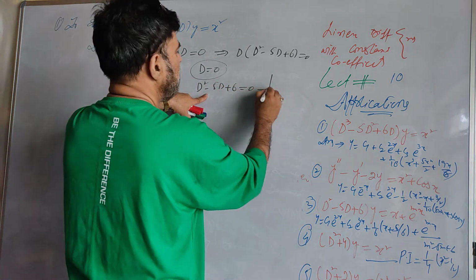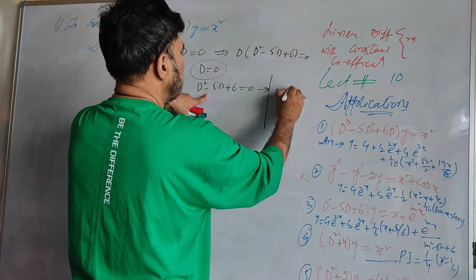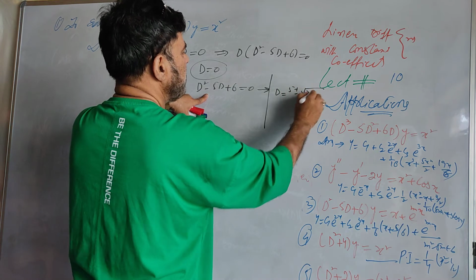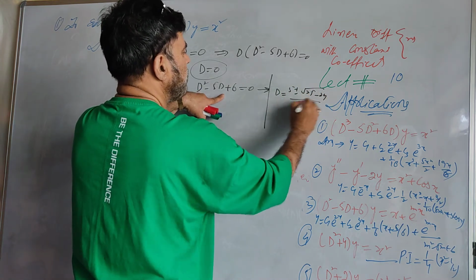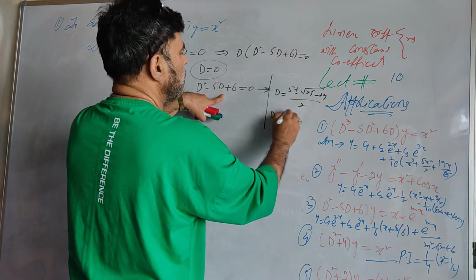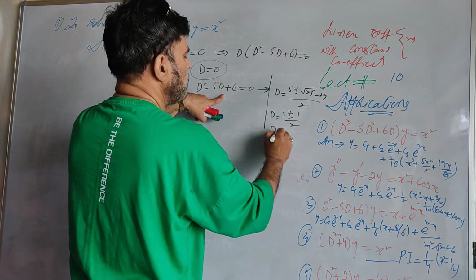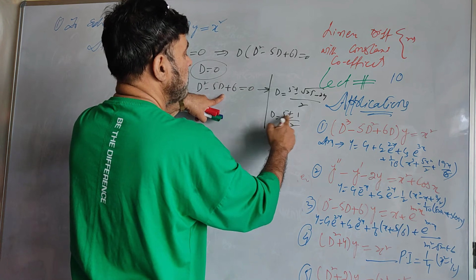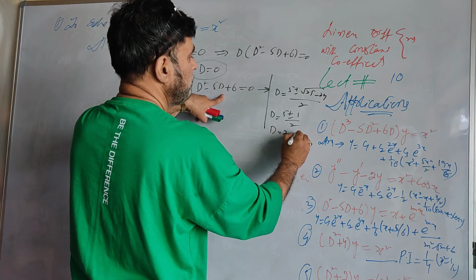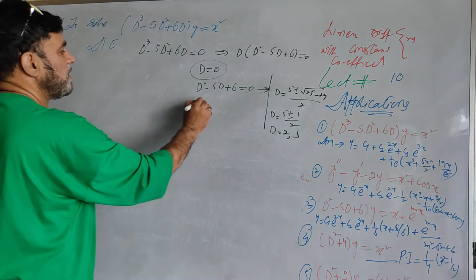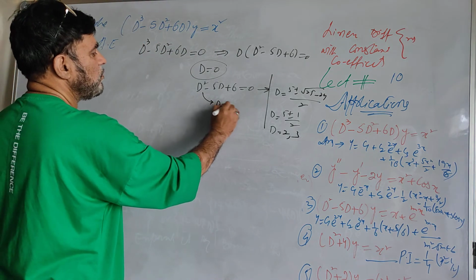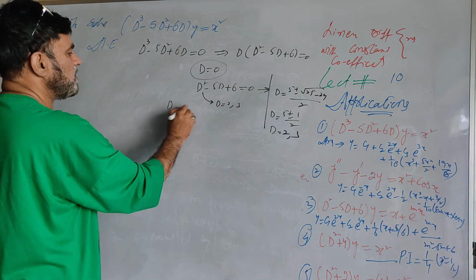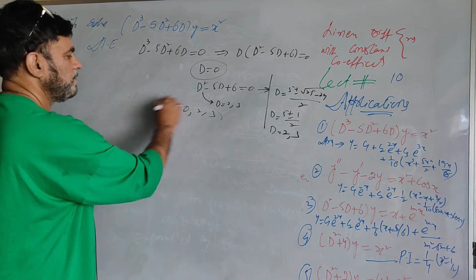If you solve this, what is D here? D is 5 plus minus under root of 25 minus 24, by 2. It is D equal to 5 plus minus 1 by 2. So D is 5 plus 1, 6 by 2, it is 3, and 5 minus 1, 4 by 2, it is 2. This gives D as 2, 3. So therefore D is 0, 2, 3.